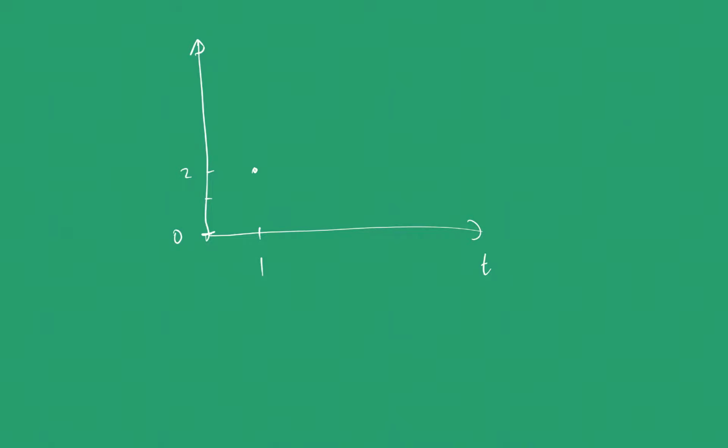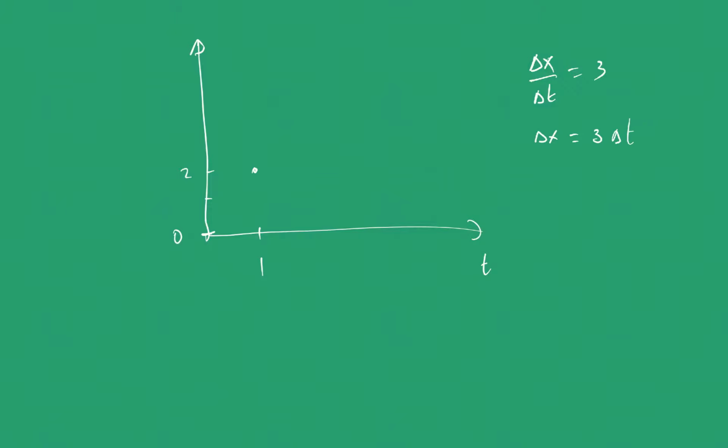So I'm going to move the point in the case that delta x, the vertical distance, divided by delta t, the horizontal distance, is equal 3. So delta x is 3 times delta t.